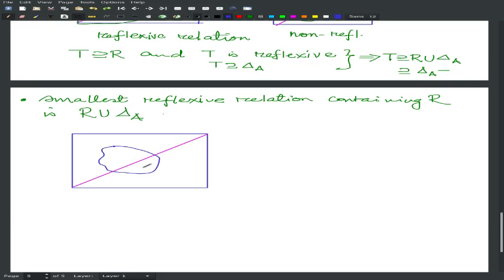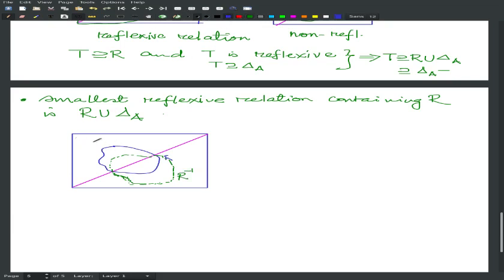So I'm going to use that geometry. If this is your relation R, then this is your R inverse.